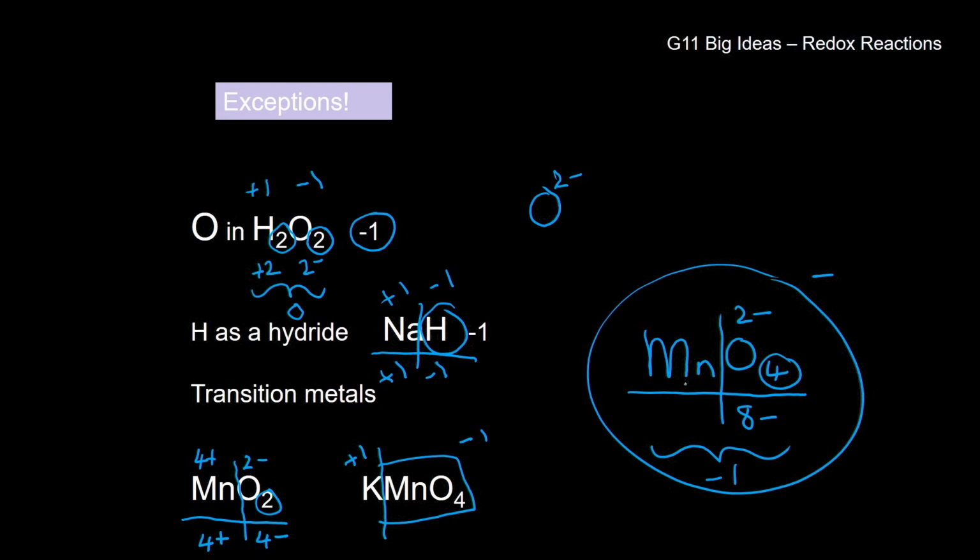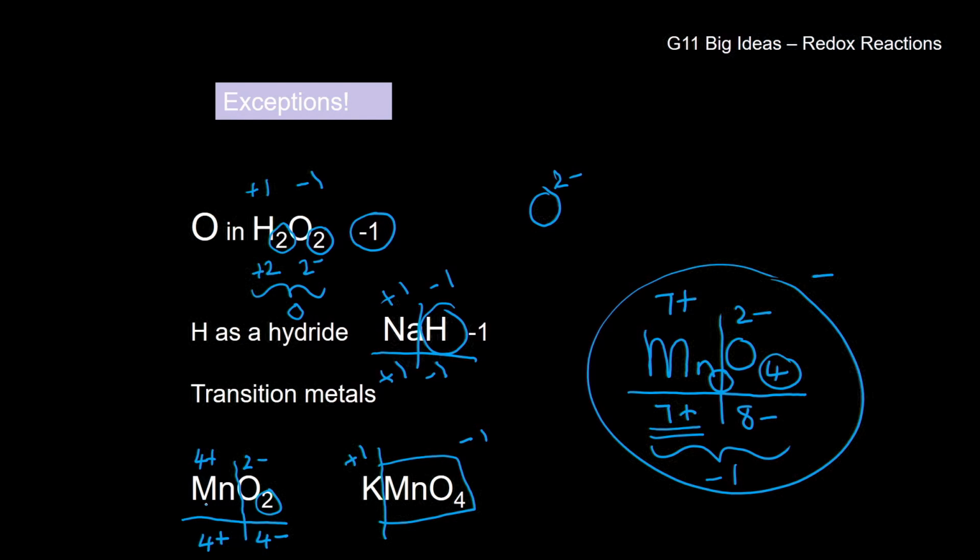Okay, so what does that mean over here? What do I put in this space here? Well, what positive number will give me a -1 answer when added to -8? Well, that's going to be 7+. There are no other manganese there, so it's going to be 7+. Have a look at that.